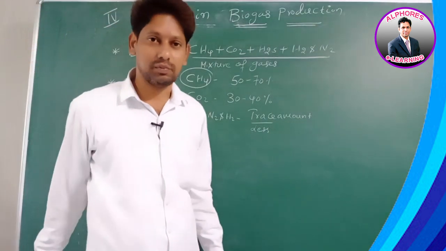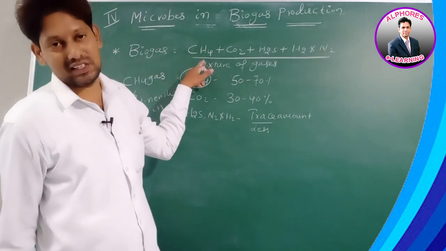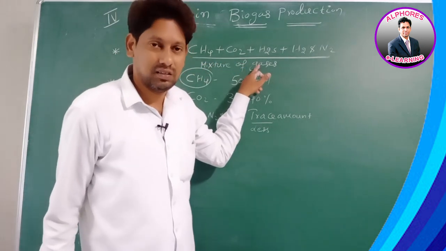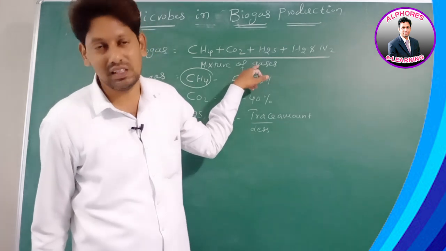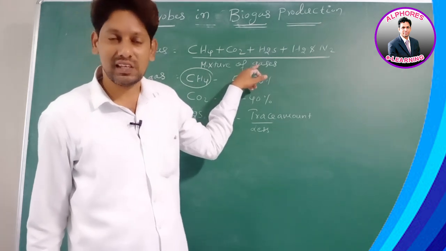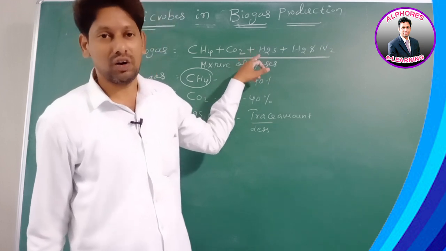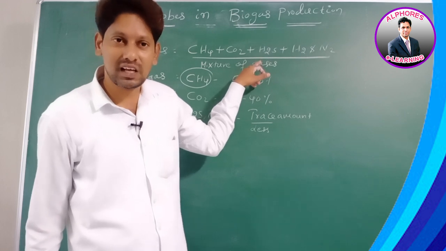Now listen to this statement. We are saying that biogas is a mixture of gases. Yes or no? Who is producing these gases? Gases are produced by microbial activity. Microorganisms are producing these gases. Therefore, these gases are produced by which activity? Microbial activity.